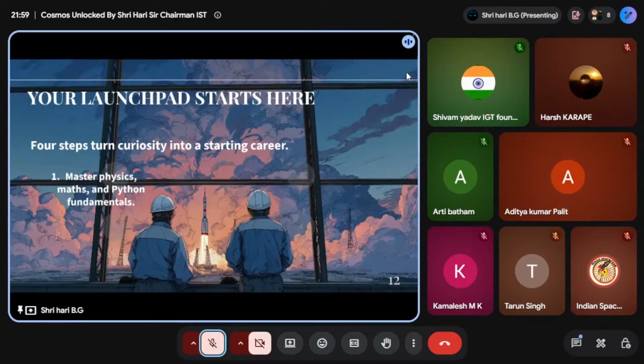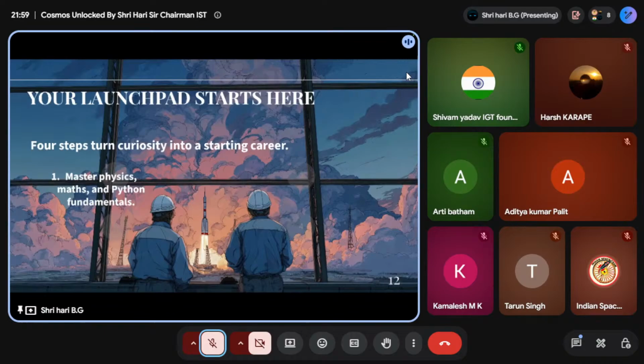Like if you want to become an astrophysicist, apply for IIA or other institutes, and start applying for internships and summer schools. Try attending summer schools and webinars like that. It will give you basic knowledge, and you will learn how to come into the field and do research.